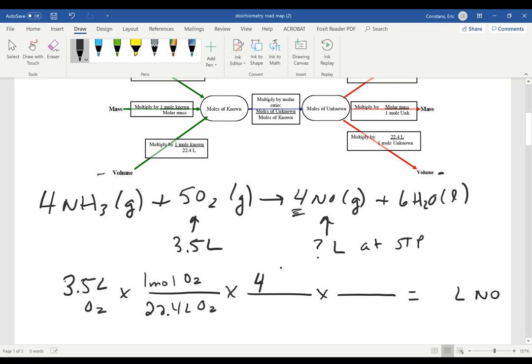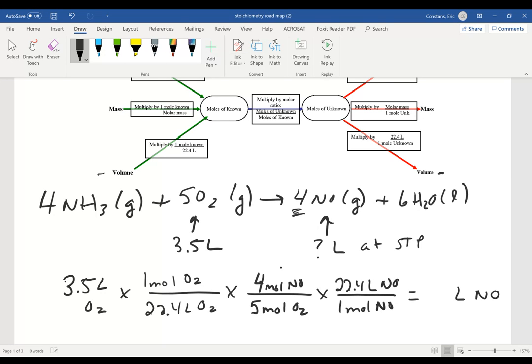So that's going to be 4 moles of NO divided by the coefficient in front of our given. So that's 5 moles oxygen. So 4 divided by 5. And then our last step here, we're multiplying by 22.4 liters of our unknown divided by 1 mole of the unknown, like that.